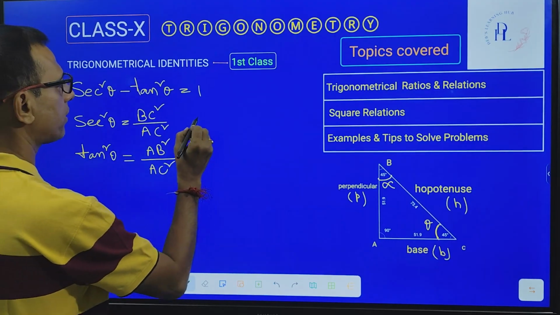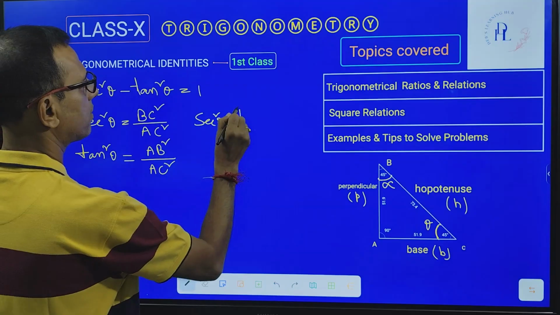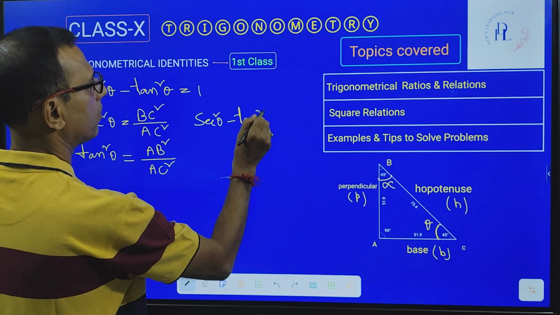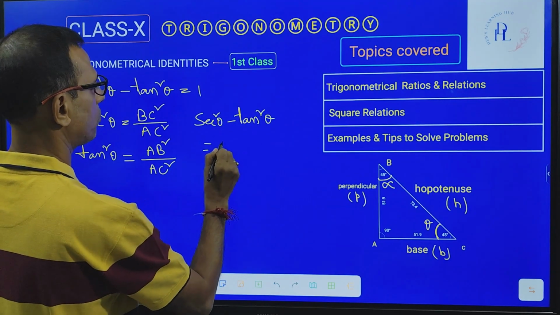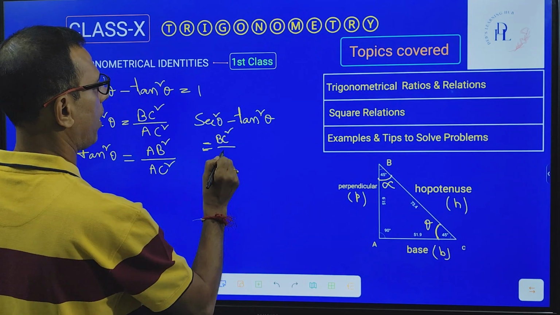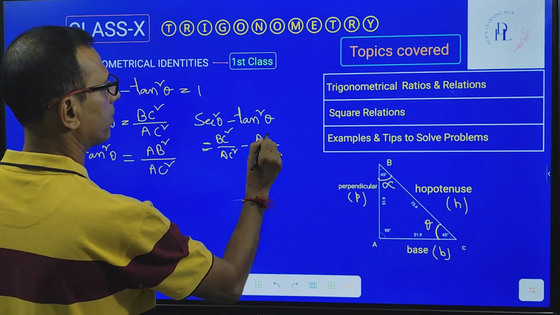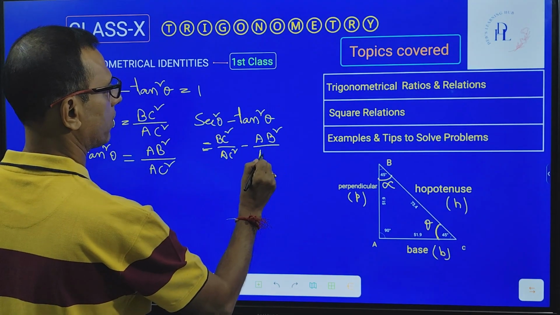So sec square theta minus tan square theta equals BC square by AC square minus AB square by AC square.